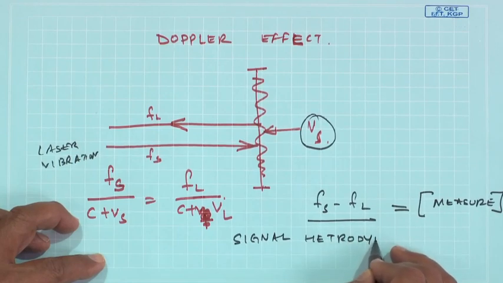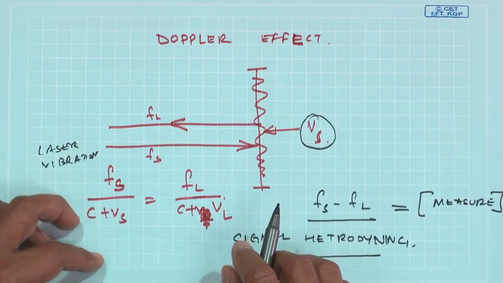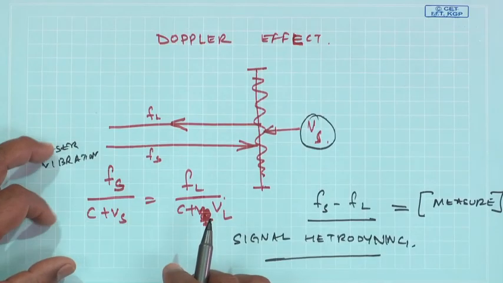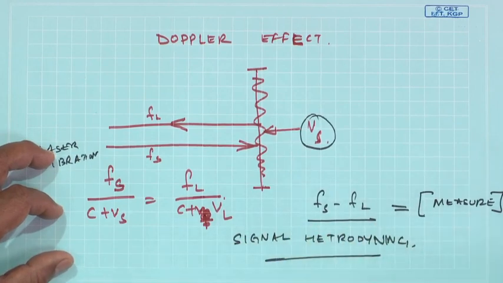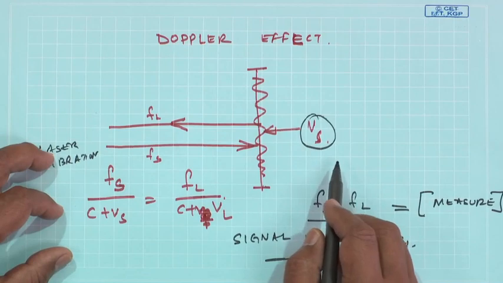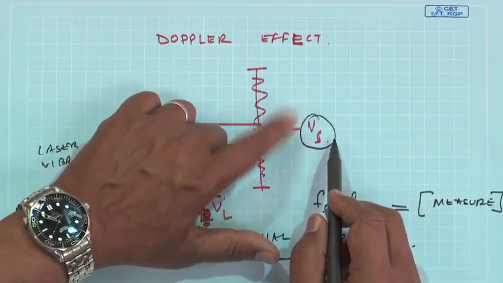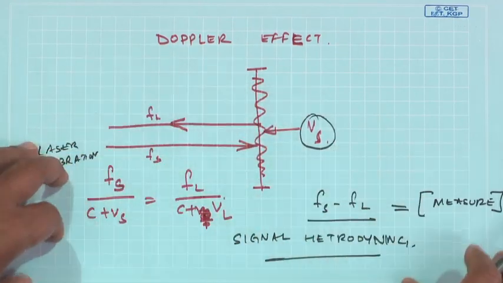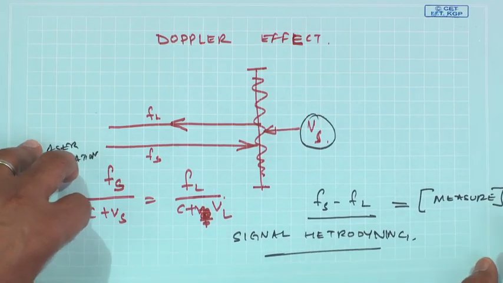Just to recap these things which we had discussed earlier. Signal heterodyning is used to find out the frequency of the reflected wave, and then we can find out the velocity of the source, the body which is vibrating and whose vibration we need to measure.